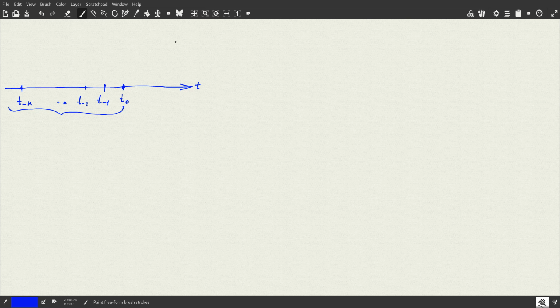But if one of your features is your EMA, exponential moving average, with a certain decay coefficient alpha, you remember how you could do it.